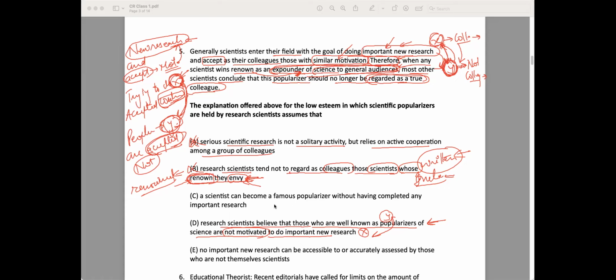C: "A scientist can become a famous popularizer without having completed any important research." It's not about whether a person can become a famous popularizer without doing any research or not, but we are trying to prove they are anti each other. I mean, Y is anti X. It still leaves some room for both of them to be happening together as well.